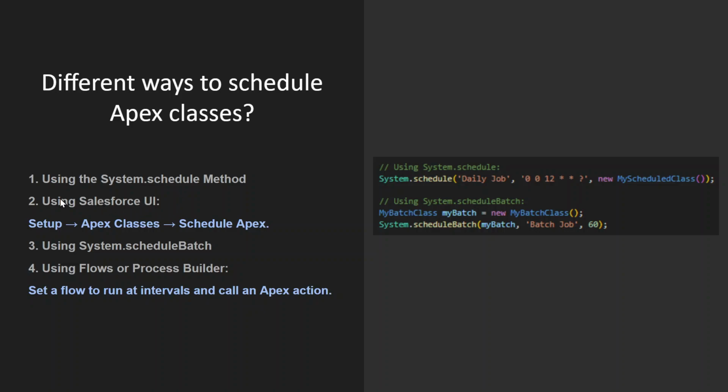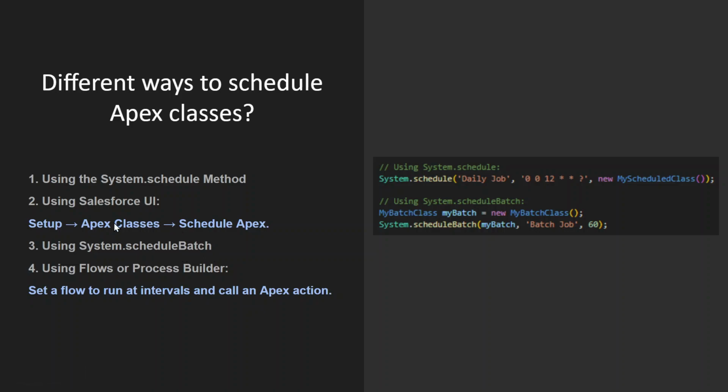Then we have this second thing, that is we can use the Salesforce UI to schedule our Apex class. So you can go to setup and then search for Apex classes, and then you can click on the Apex classes and schedule the particular Apex class according to your need. Then you can schedule the Apex class by using this system.scheduleBatch.